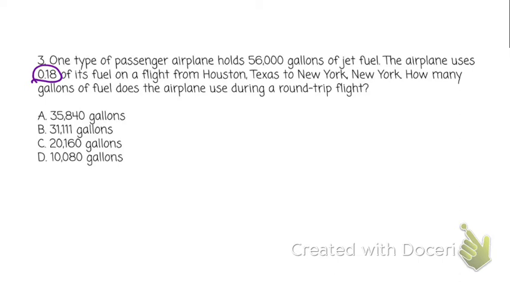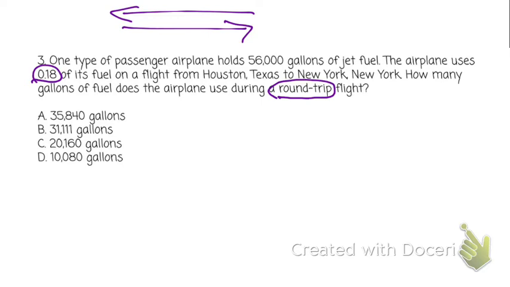Now, round trip means I'm going to fly to my location and back. So I'm doubling the distance, okay? But that's all right. 18/100ths of its fuel. Remember, a part of a number, it's like a fraction of a number, means multiply. So I could say, well, 56,000 gallons, and I want to know 18/100ths of that.